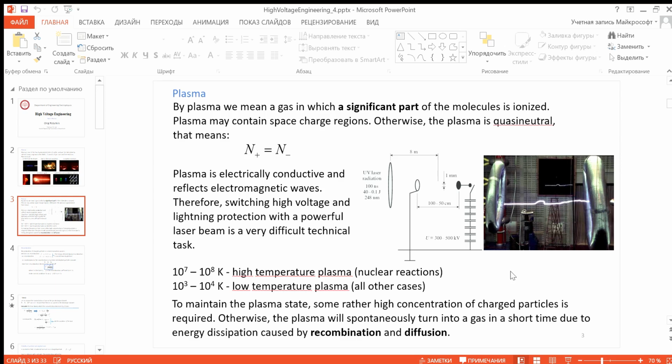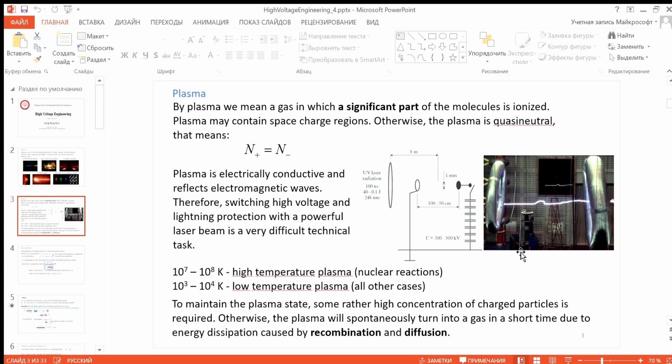It is opaque and creates a shadow behind it. This makes photoionization in the shaded area impossible and does not allow easy switching of high voltage by a laser beam. But by the way, laser switched discharges exist, and they may be used in high voltage technique, and we have done it many times.